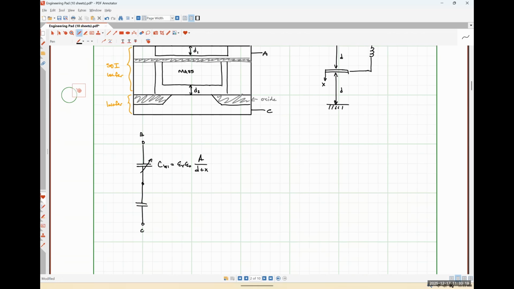So this is terminal C of our system. Here we have some second capacitance, C2, where we'll have epsilon R, epsilon naught A over D minus X, like so. And then this middle node, which is node A, might be where we measure the output voltage of our system.